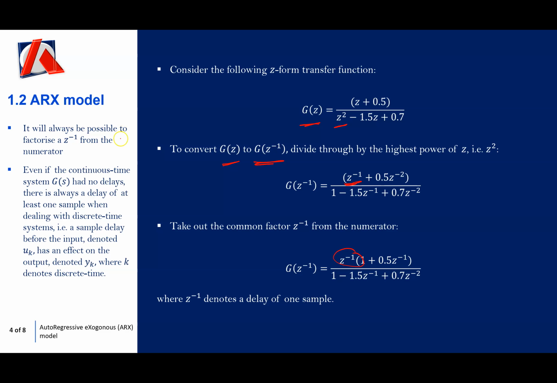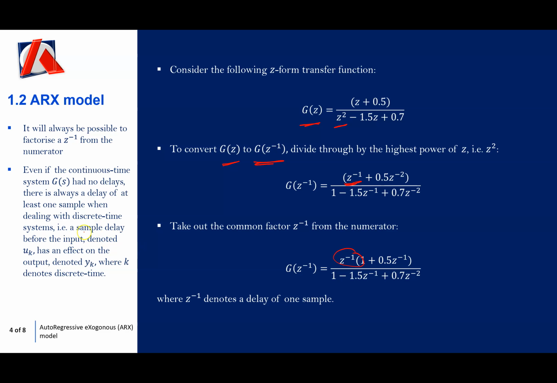An important property to know is that if you were to convert this back to continuous time, to get G(s), you would have no delays. However, when you move to the discrete domain, note that there's always a delay of at least 1 sample when dealing with a discrete time system.